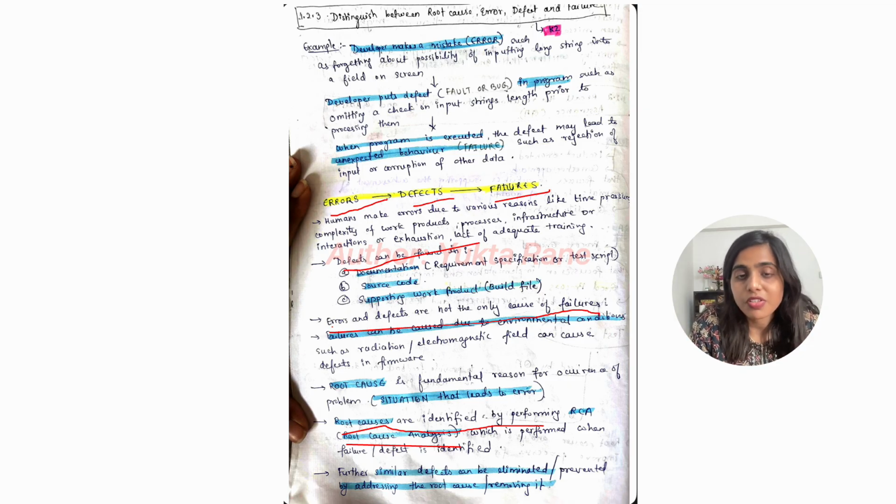The more defects you find and fix, the more assurance or confidence you have in the quality of the product that you are testing. So this is basically the differentiation between root cause, error, defect and failure. You don't need to know the exact wordings or definitions of it. Once you understand the concept, that is more than enough for this submodule.